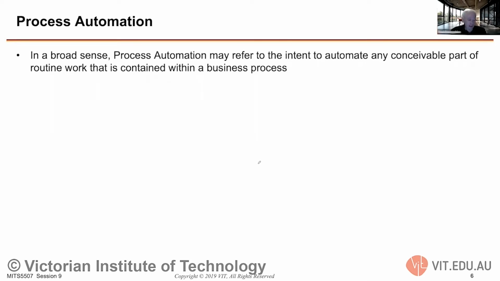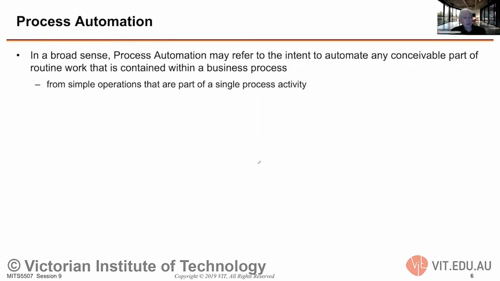If you look at any business process, no matter how small or how large, it may be carried out over a number of functional areas in the business, or within one specific functional area. The moment we want to think about computerizing any part of it, we're talking about process automation.